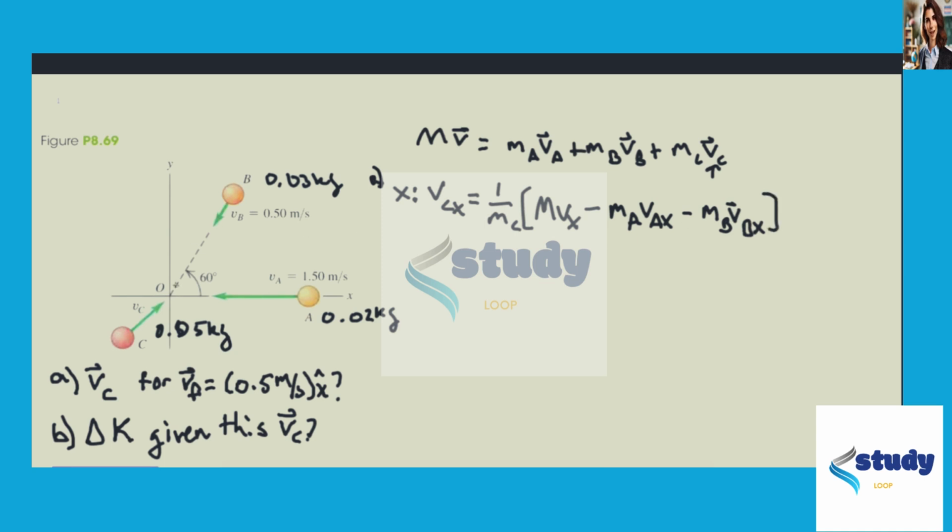So B is coming in at an angle. We can see that this is at 60 degrees to the x-axis. So you just use the trigonometry to find the components of this. So this will be a cosine. It'll be negative because it's pointing in that direction.